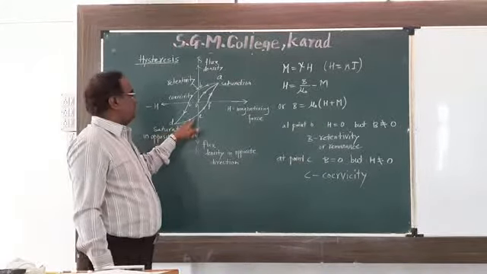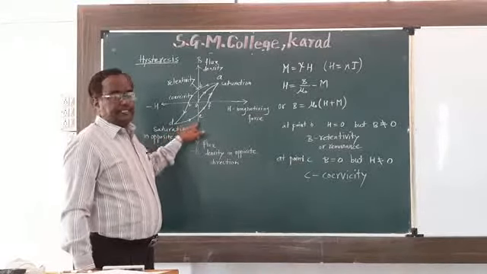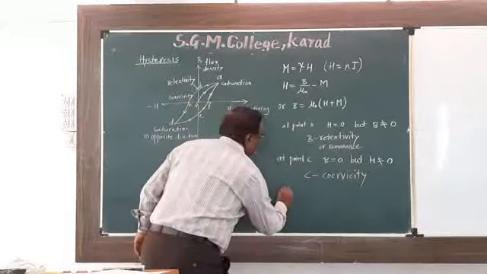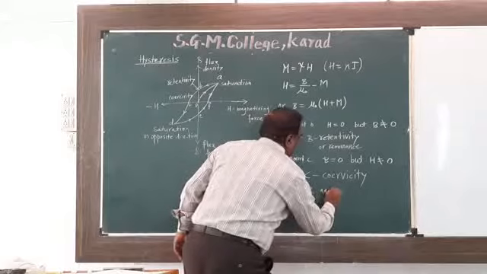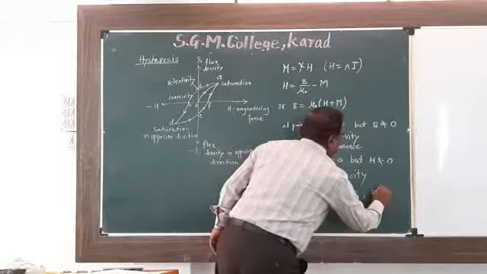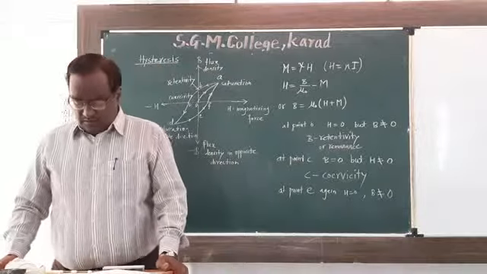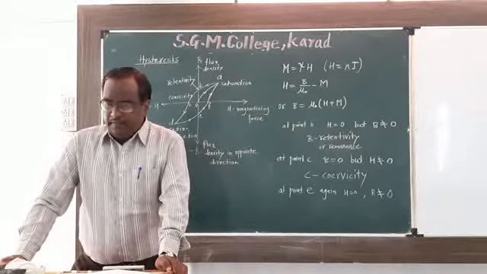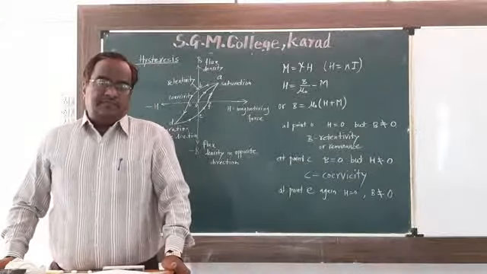If we reduce the current, we reach along the curve DE. At point E, again H is equal to 0, B is not equal to 0. Here at point E, domain structure is present, but magnetization is reversed.